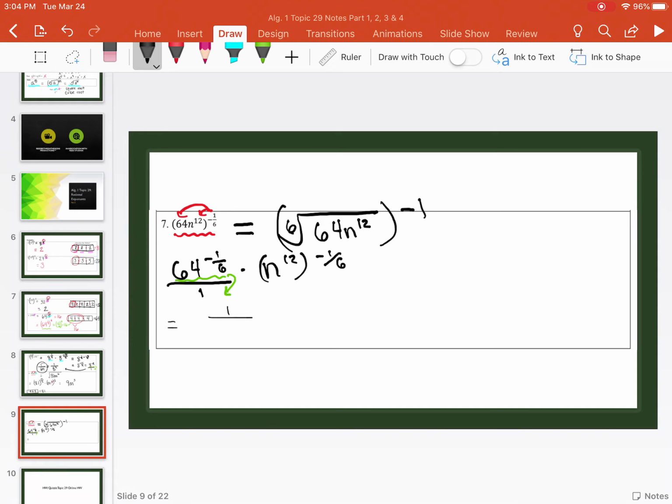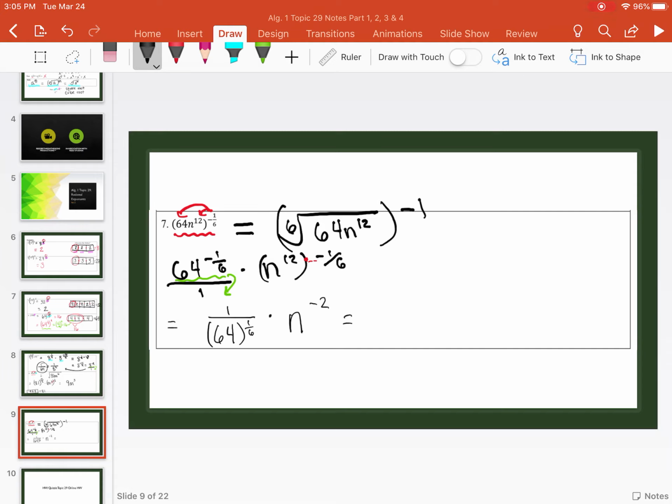So that will give us 1 over 64 to the 1/6 times, now here you could do the exact same thing where you bring it to the denominator, or we can just multiply with our n. So we'd have n to the 12th to the negative 1/6. So when we have a power raised to a power, we're going to multiply our exponents. 12 times negative 1/6 would give us n to the negative 2.